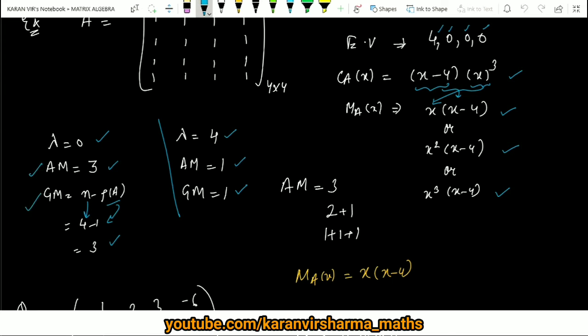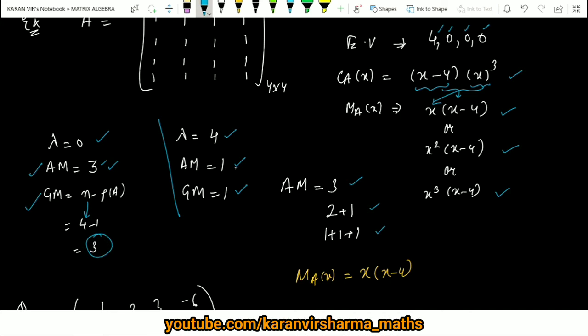Now the main trick is, whenever we reach here, corresponding to AM, write down the partitions of that number. The AM was 3, so write down the partitions of 3. That will be 3, 2 plus 1, and 1 plus 1 plus 1. Now just observe what your GM was.